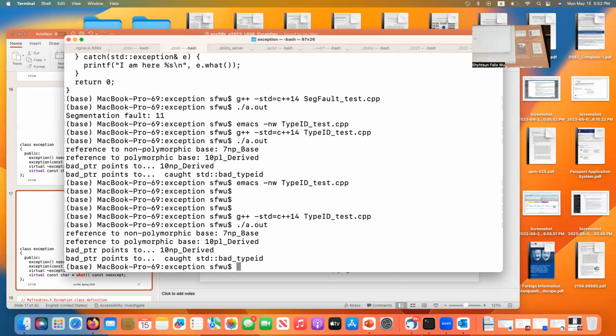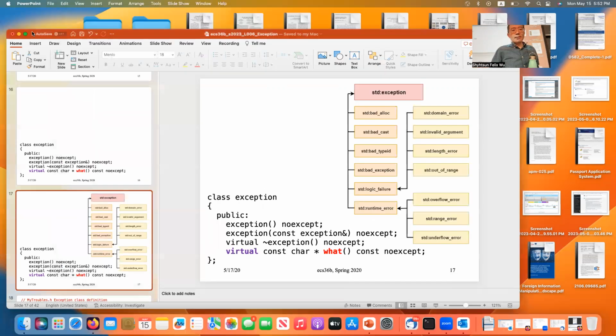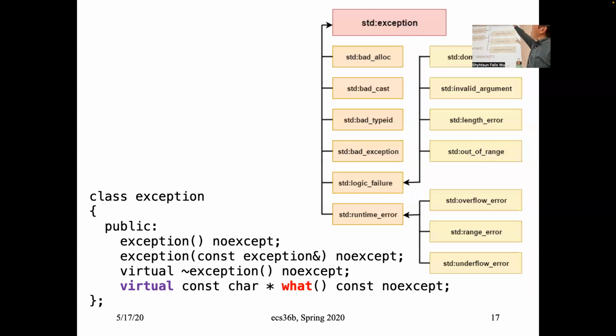Okay, so you can see that I wrote it down as std::bad_typeid, and then try to catch it. What's the disadvantage of doing this? The disadvantage is that in the same block of code, I might have other bad situations I would like to catch. You see that here I have bad_alloc, bad_cast, bad_typeid, bad_exception, logic_failure, and a bunch of things that can happen to your program, including the library.